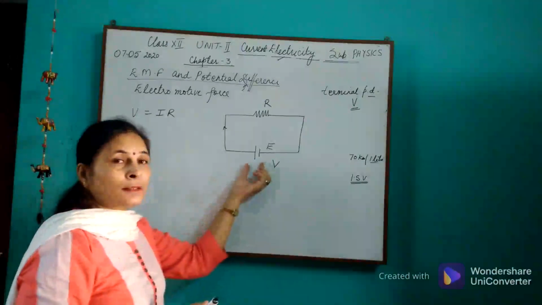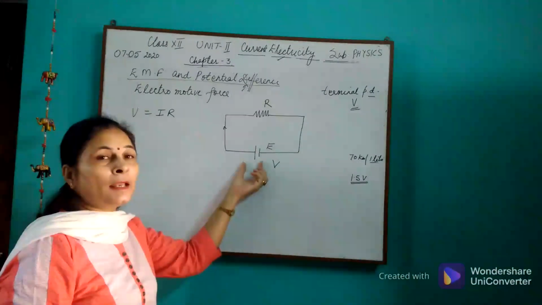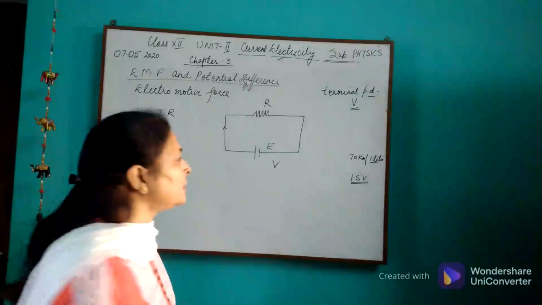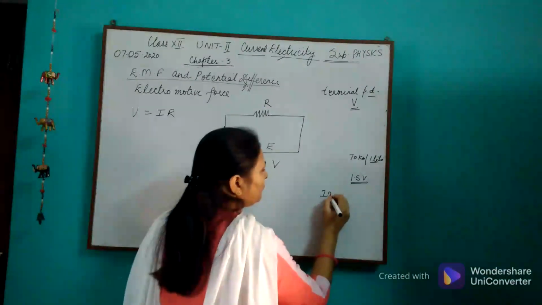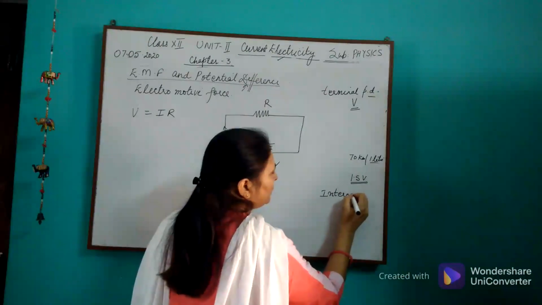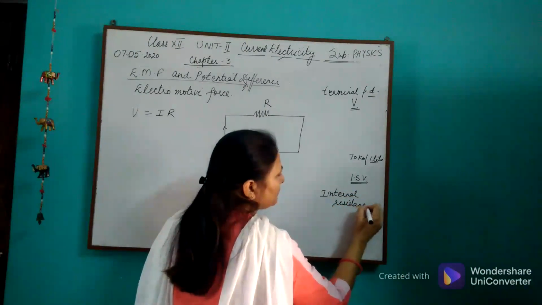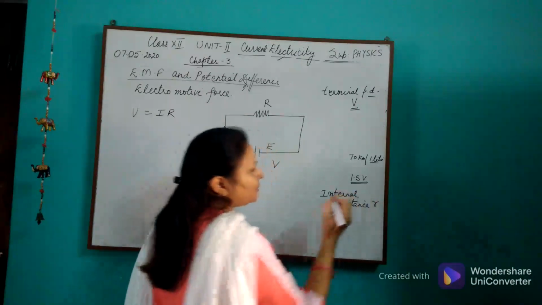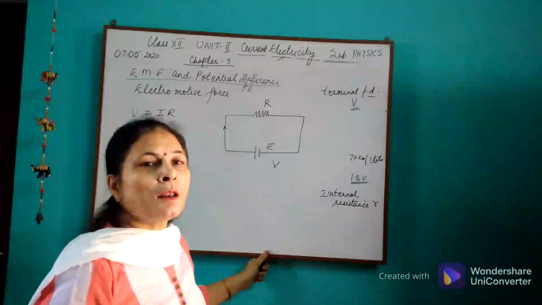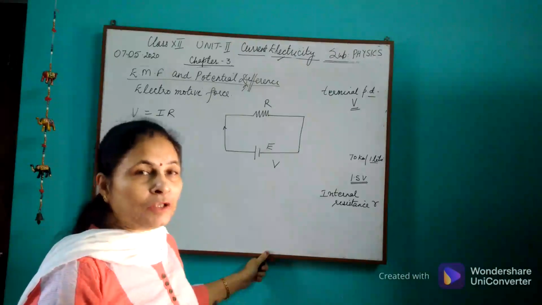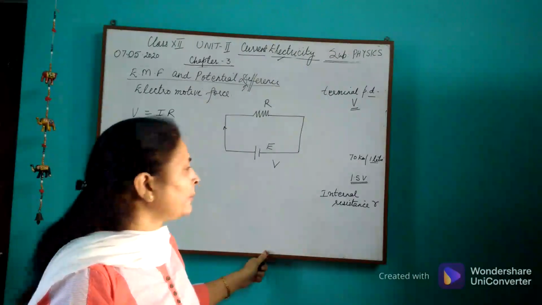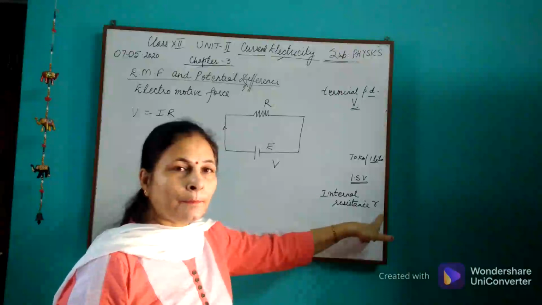The resistance of the cell is said to be the internal resistance. We'll be using the word internal resistance, and it will be denoted by small r. Generally in the circuit, if it is shown, it will be noted by small r.